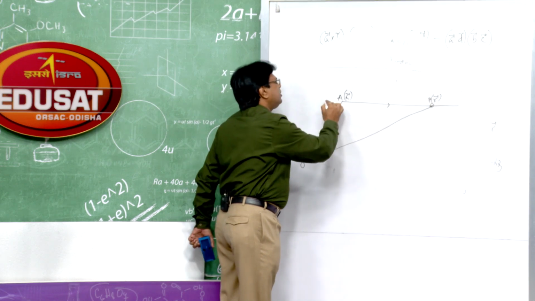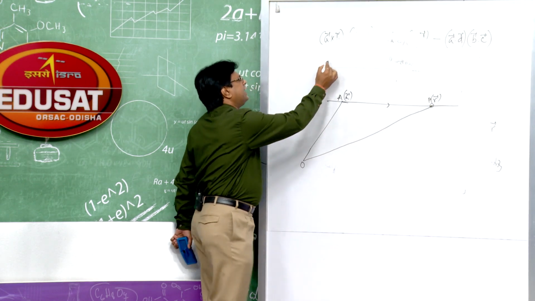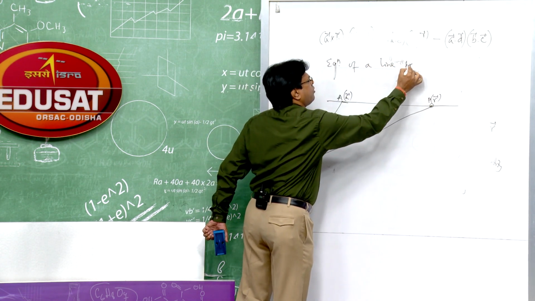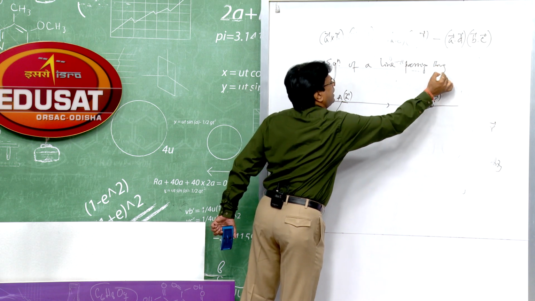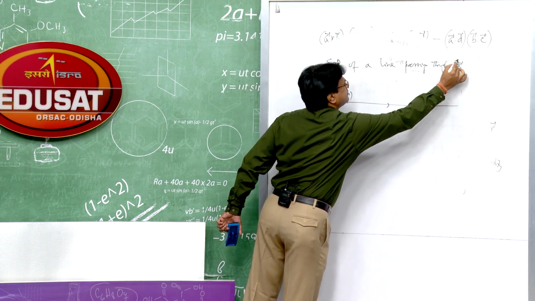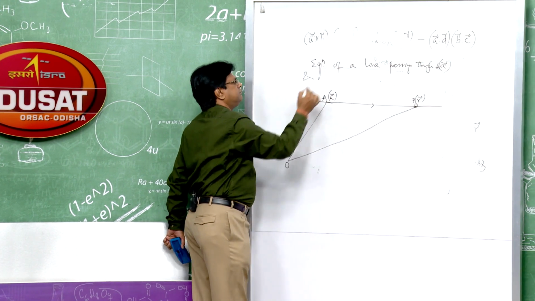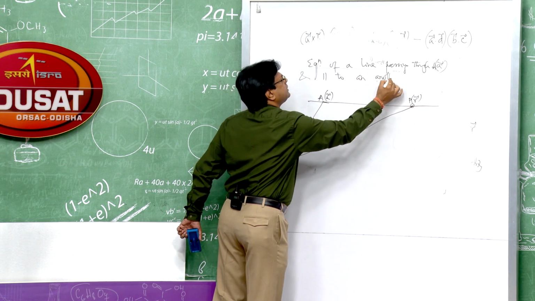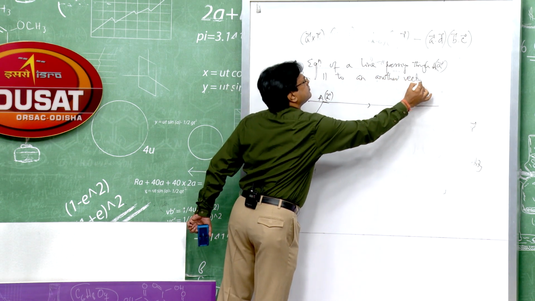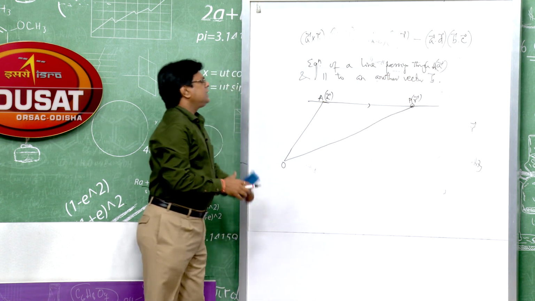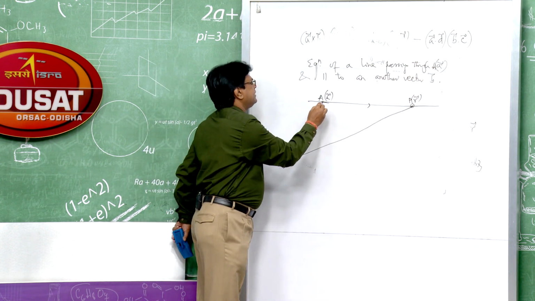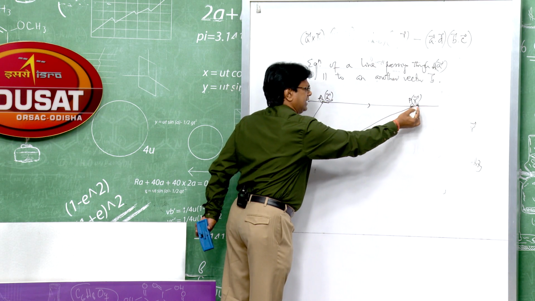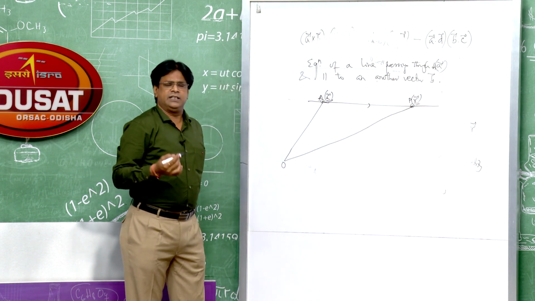Suppose you have to find the equation of a line passing through a point A and parallel to another vector B. So, suppose this is your vector A, this line passing through the vector A. Now, we have to take a variable point whose position vector is r.